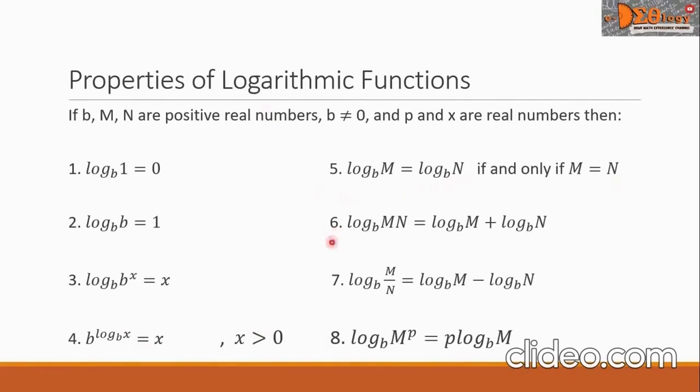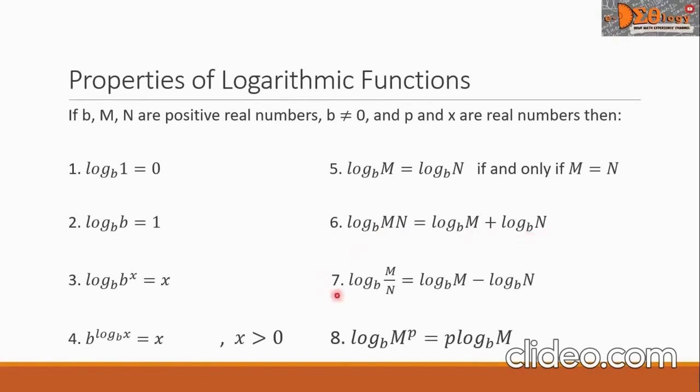Property number 6. This is the log of a product MN. If we're going to take the log of the product MN to base b, this is equal to the log of M to base b plus the log of N to base b.